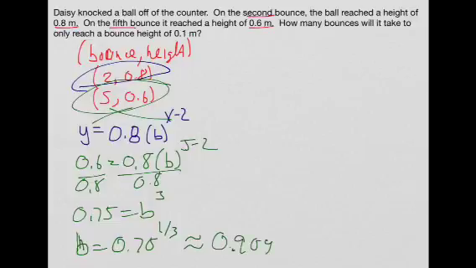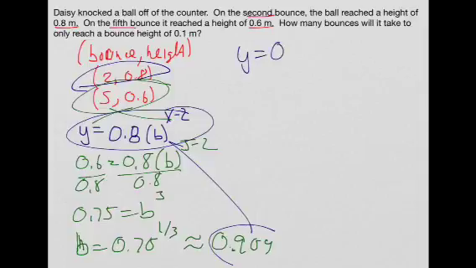So my equation that's going to model this situation, from here I'm going to plug in my b value, and I will get y equals 0.8 times 0.909 raised to the x minus 2 power. And now I'm ready to start my problem to solve.